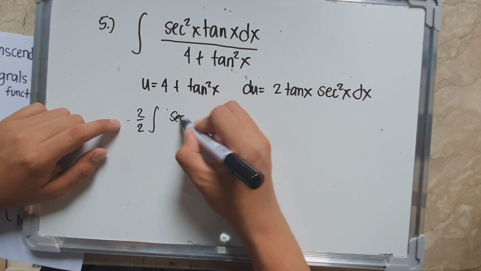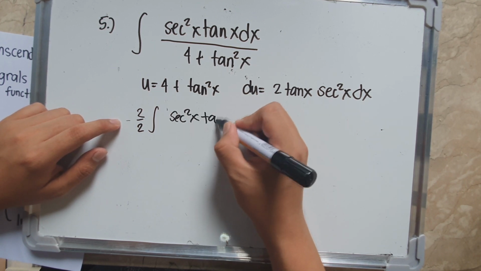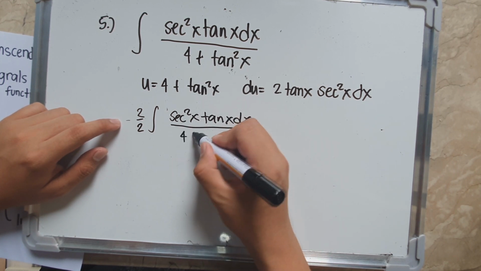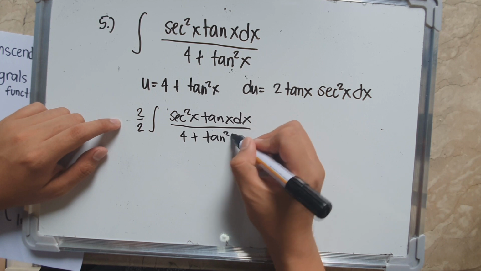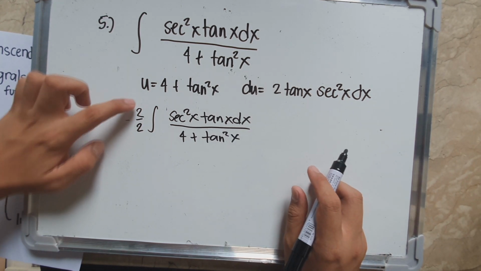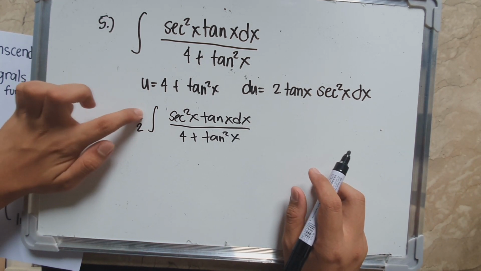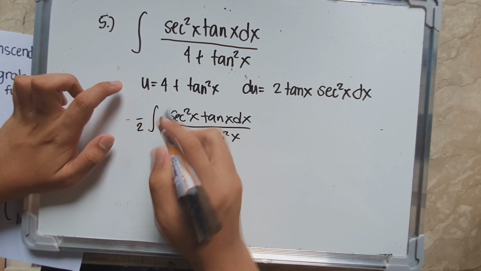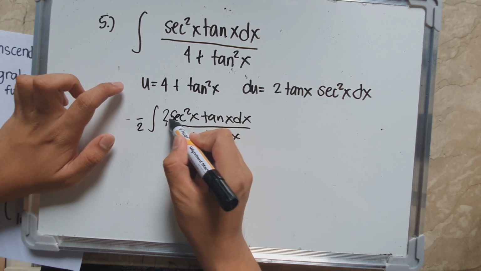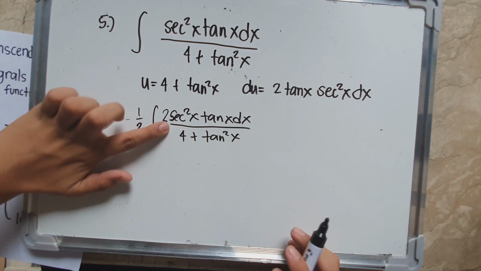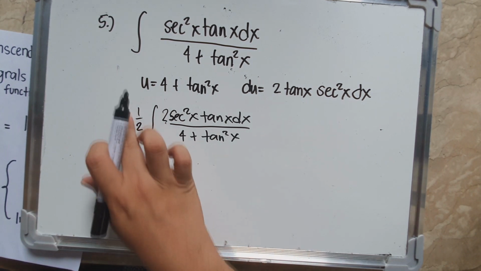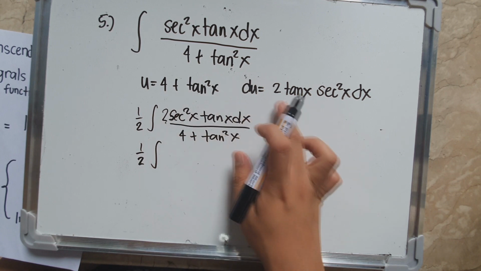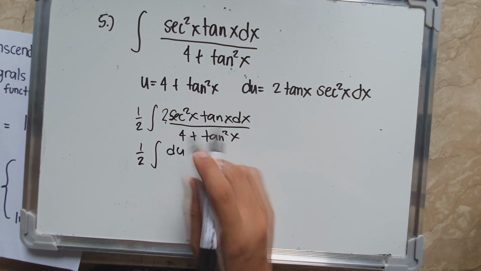Integral of secant squared x tangent x dx over 4 plus tangent squared x. Notice we could again write 2 inside our integral symbol, and we have 1. Notice we now have 1/2 integral of the du over the u.